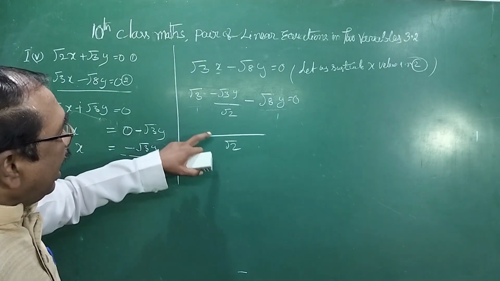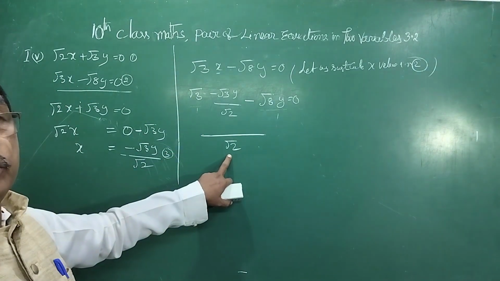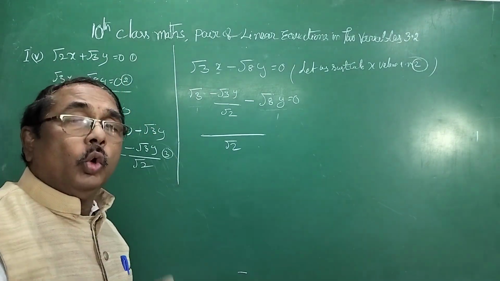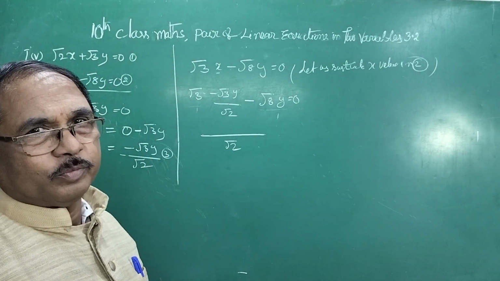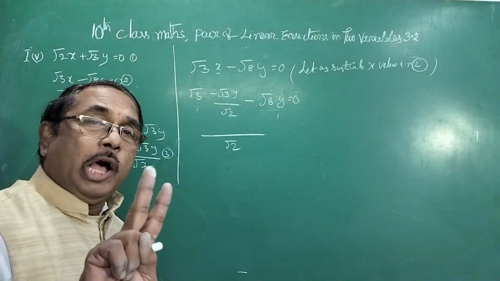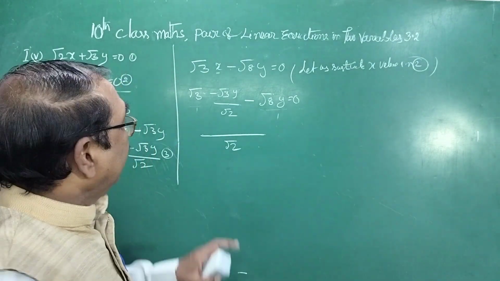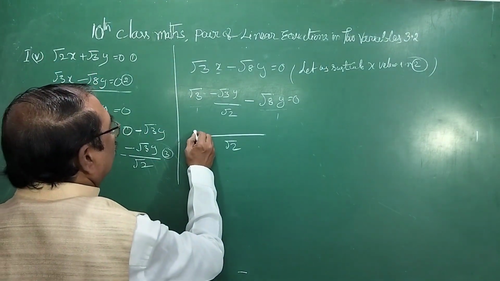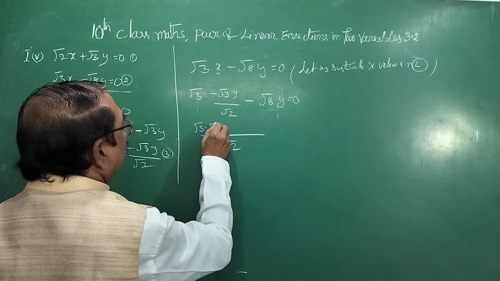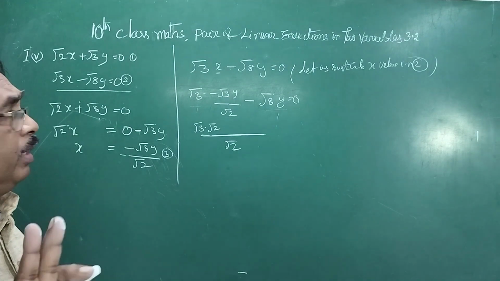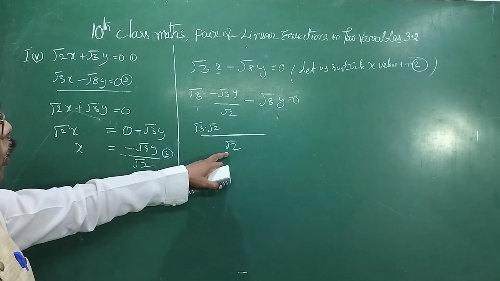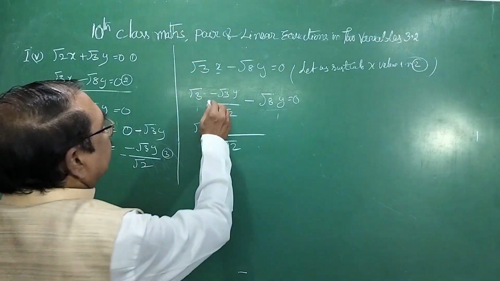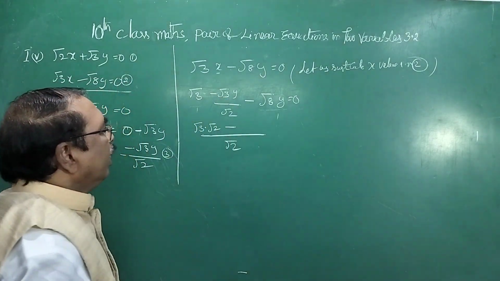Now, how many times does 1 go into root 2? That is the important point: root 2 times. So root 2 is multiplied with the numerator, root 3 into root 2. Next, the minus symbol, minus root 3y.